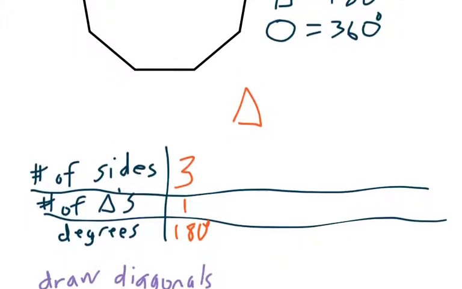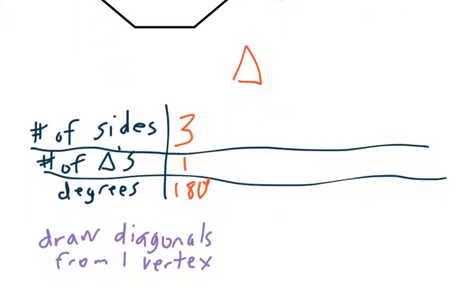Now if I have a four-sided figure, like a rectangle, here's the trick. I need to draw a diagonal from one vertex. So just pick any vertex. If I pick this vertex and I draw a diagonal, I created 2 triangles. So that's a four-sided figure, created 2 triangles.